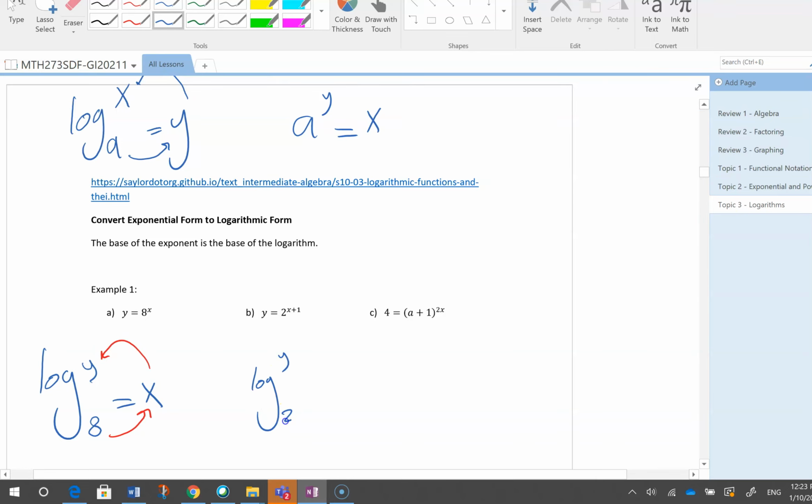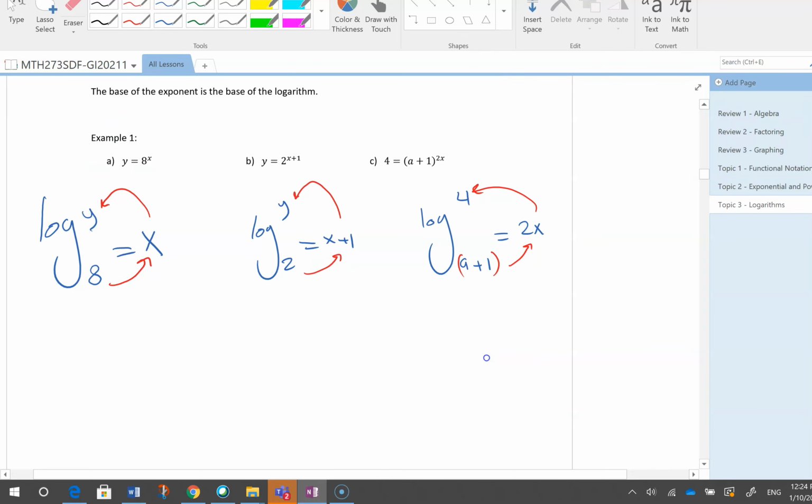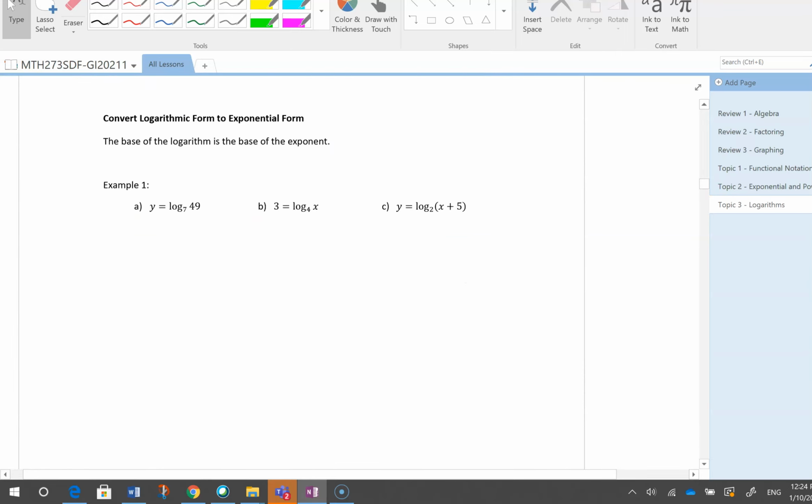Logarithm of y base 2 is x plus 1, because 2 power this is this. Logarithm of 4 base a plus 1 is 2x, because a plus 1 power 2x is 4. Good, so practice on this formula. How about here? These are very good practice.